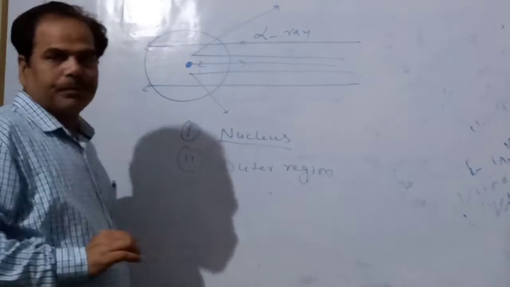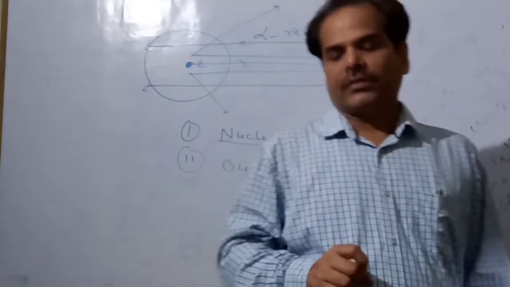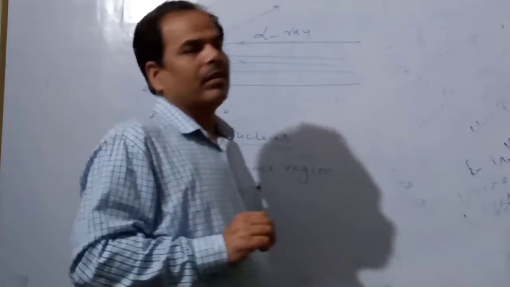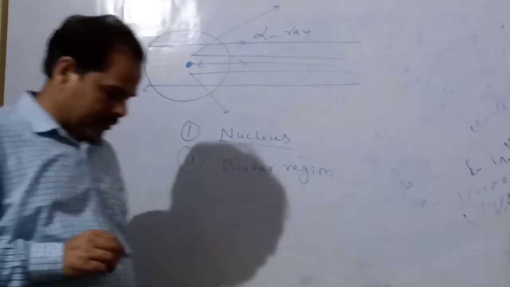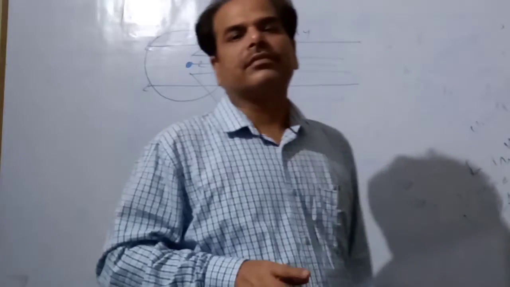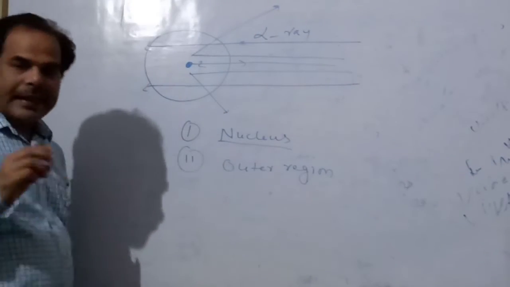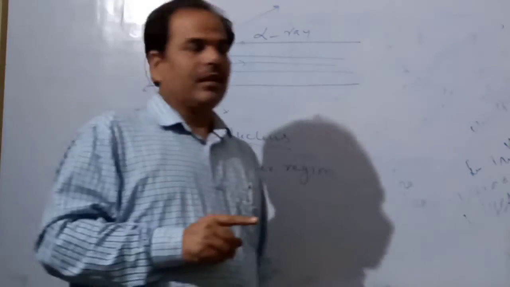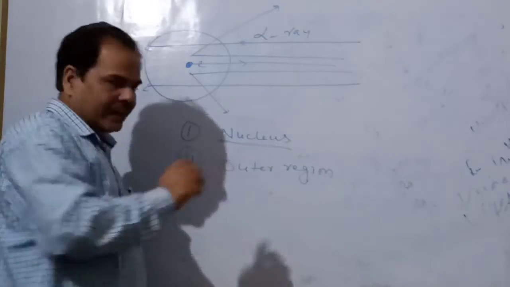First, the atom is a very small particle. It is neutral and it is made up of two parts. One is the nucleus and second is the outer region.